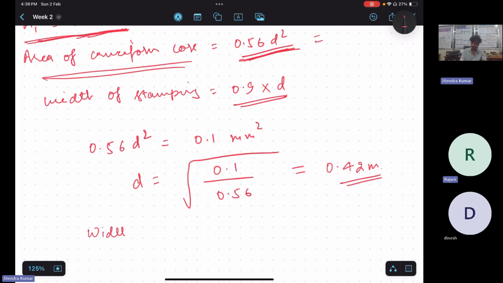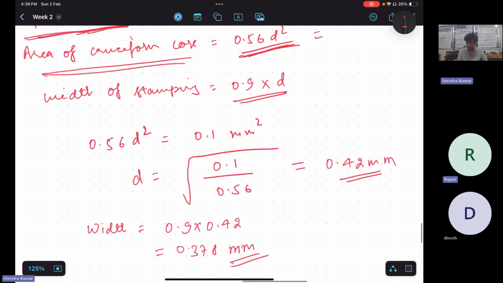So width is equal to 0.9 into 0.42, which is 0.378 meters. So this is the width of the stamping.